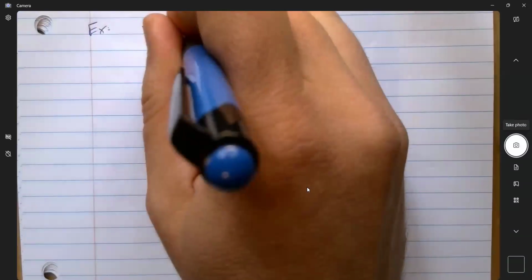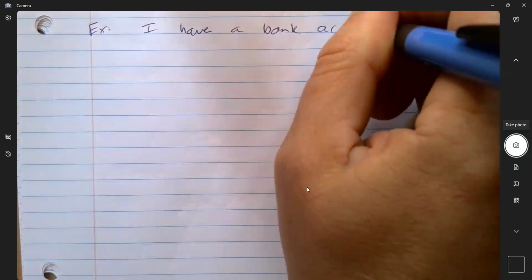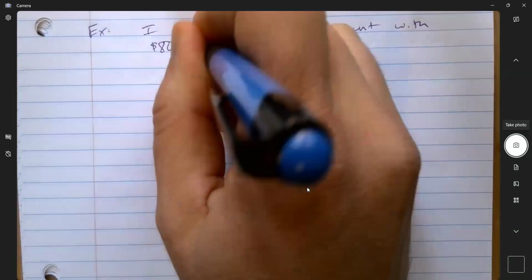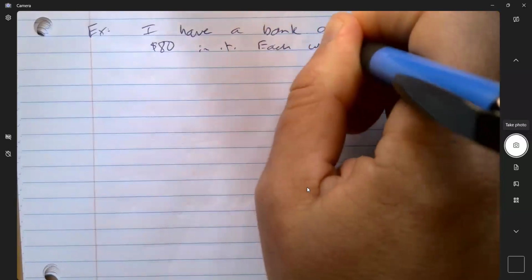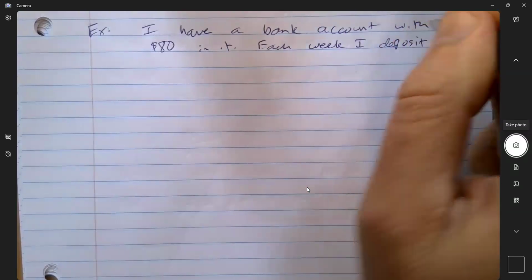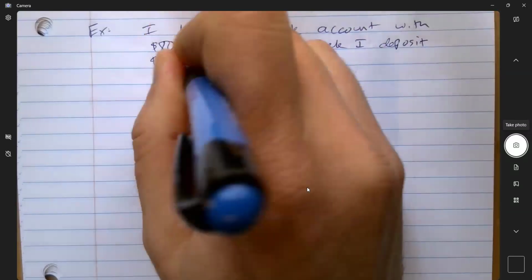Let's do a word version of this. So suppose I have a bank account with $80 in it, and each week I deposit, so I add more, $35 more.